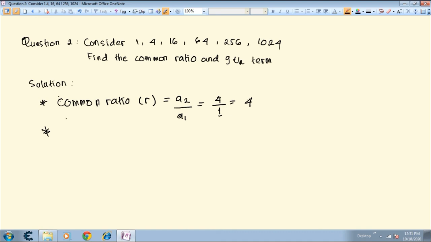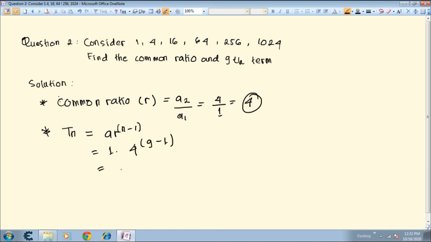Next, about the 9th term. The nth term of a geometric sequence is denoted by T sub n equals a r to the power n minus 1, where a is the first term and r is the common ratio. So 1 times 4 to the power 9 minus 1.